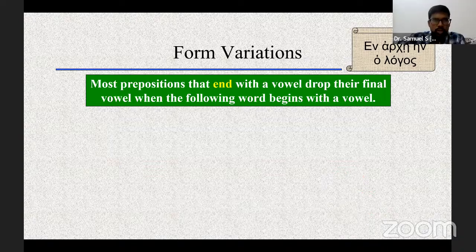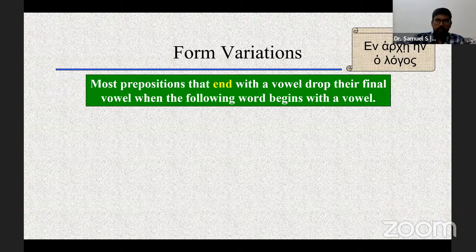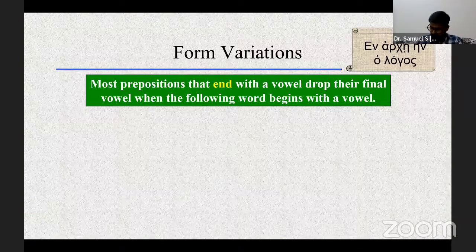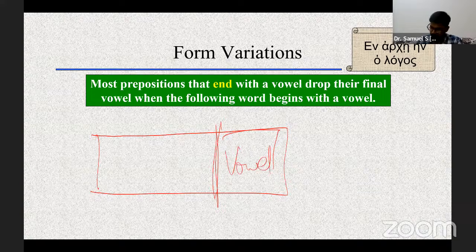Most prepositions that end with a vowel drop their final vowel when the following word begins with a vowel. So let's say you have a preposition and the last letter of your preposition is a vowel.